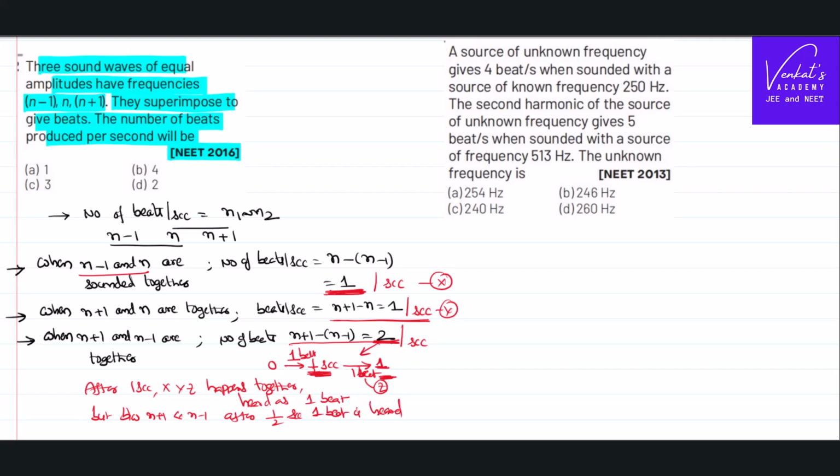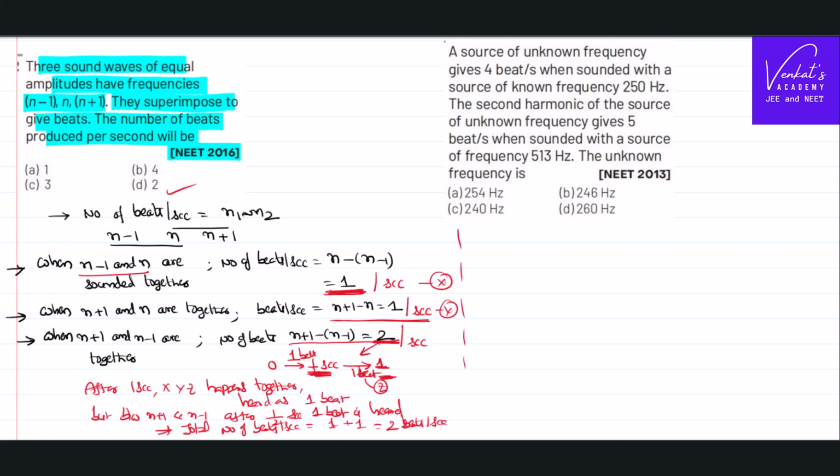This is not coinciding with the above x, y, z. Therefore, the total number of beats per second is x, y, z together as 1, and after half a second it's one more. So together 2 beats per second is the answer for the problem. That's how we have to solve that problem.